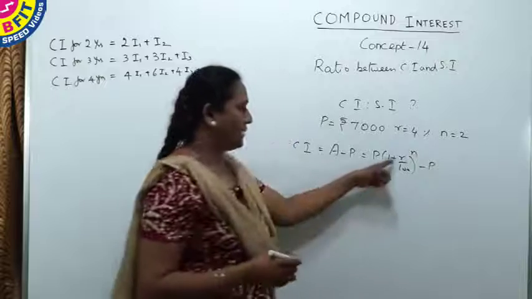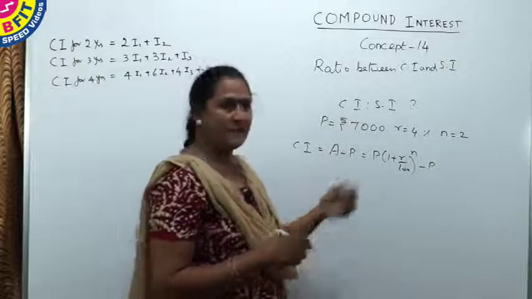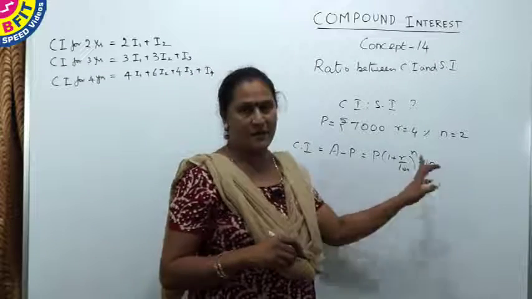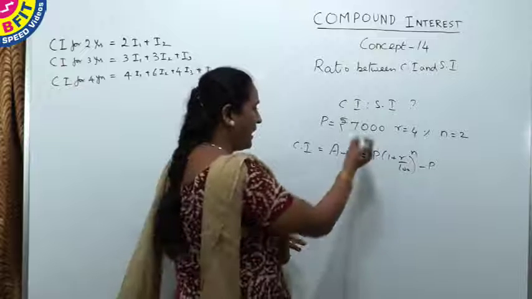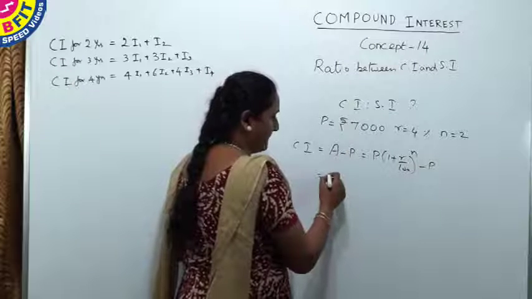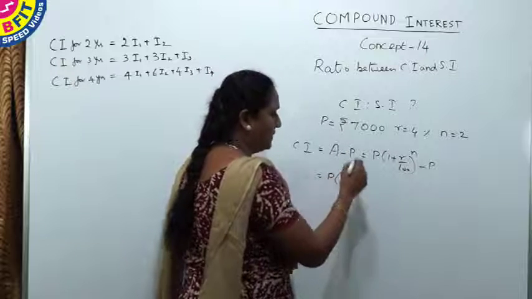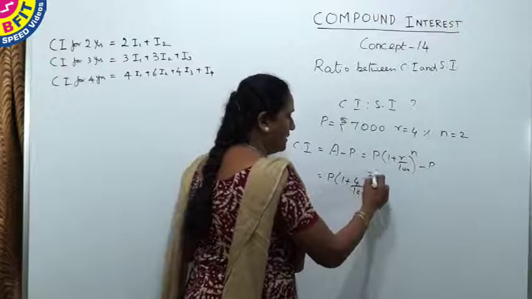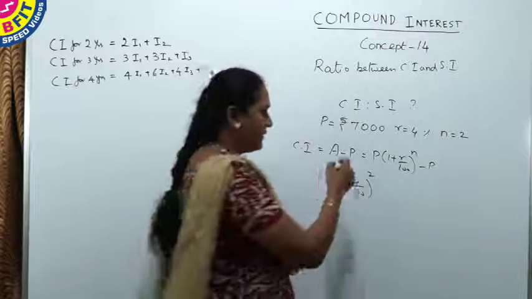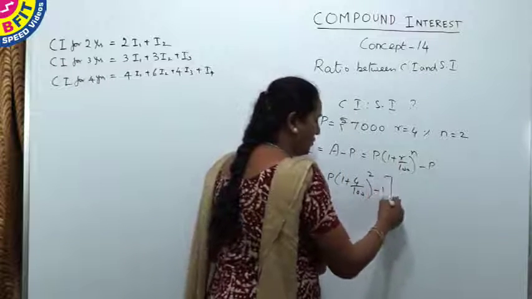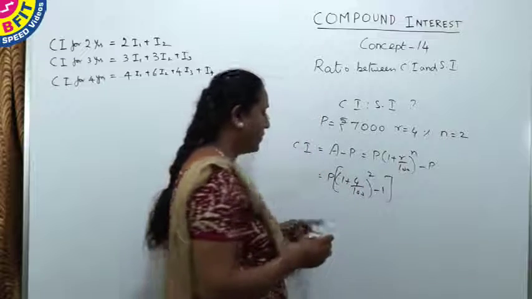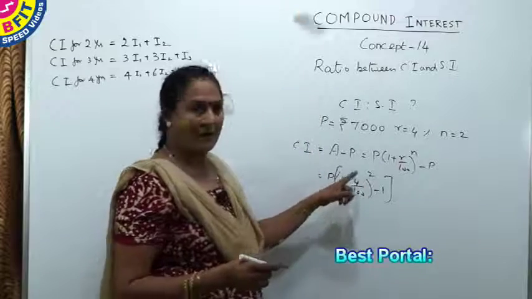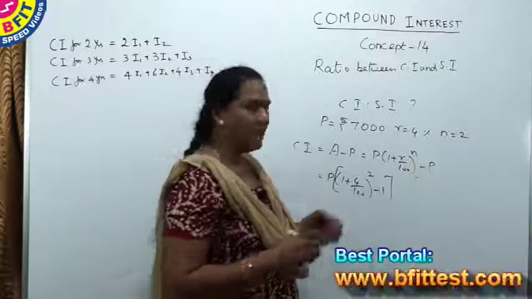P into 1 plus R by 100 whole power n is the amount, and from this we subtract the principal. So it is P into 1 plus rate by 100, for 2 years. Taking the principal common, compound interest is P into (1 plus 4 by 100) whole square minus 1.